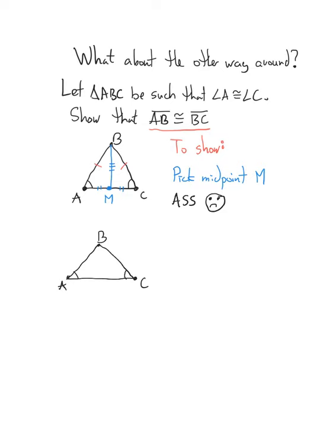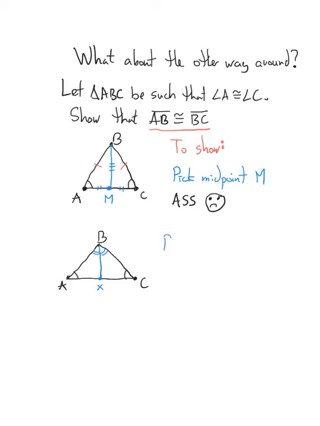What we can do instead is pick a point on our line here, X, that cuts the angle. If we make a line segment BX, we can pick that point X so that these two angles here are congruent, ABX and CBX.